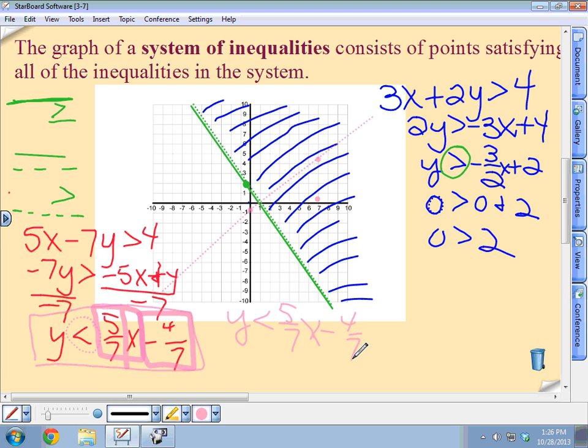Well, pick a point that's not on this line, any point at all. 3, 4. You want to go 3, 4? Okay, you could do that. 0, 0 will almost always be easier for you to cancel, but you can do 3, 4. That's not a problem. That says 4 is less than or equal to 5/7 times 3 minus 4/7.